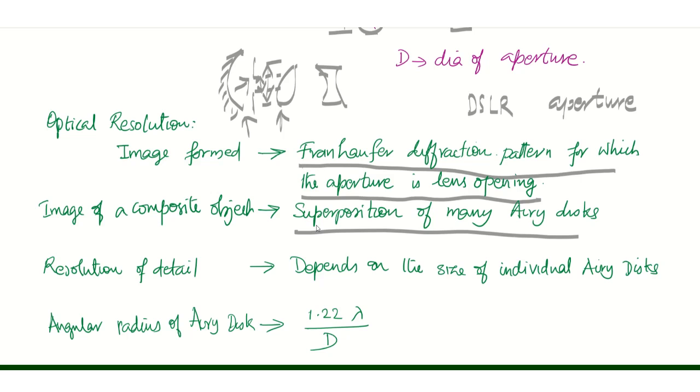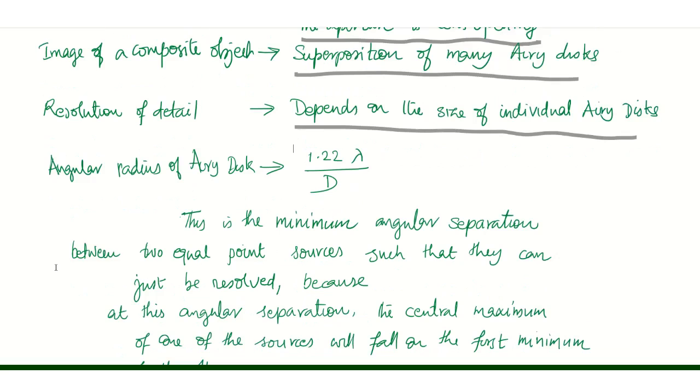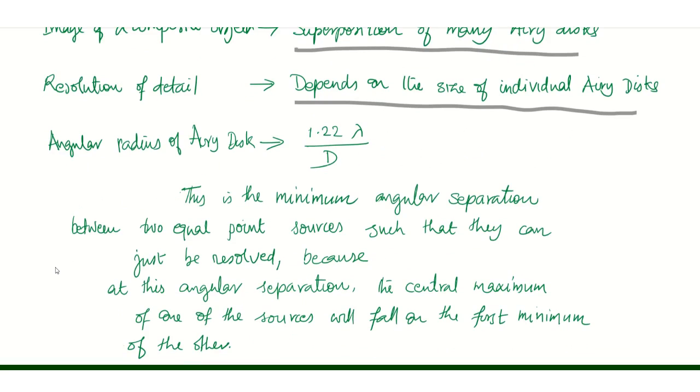And if that is the case, the resolution will depend on the size of the individual Airy disk, and therefore we know that the angular radius of an Airy disk is 1.22 lambda by d, and that is the minimum angular separation between two equal point sources such that they can just be resolved.